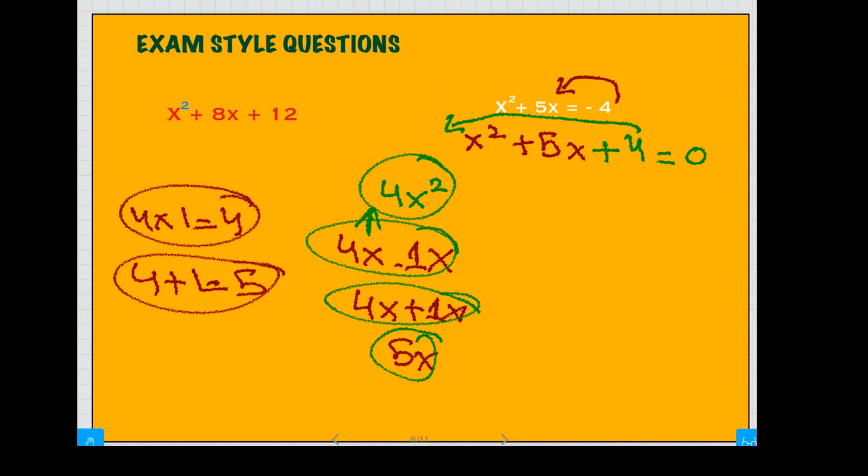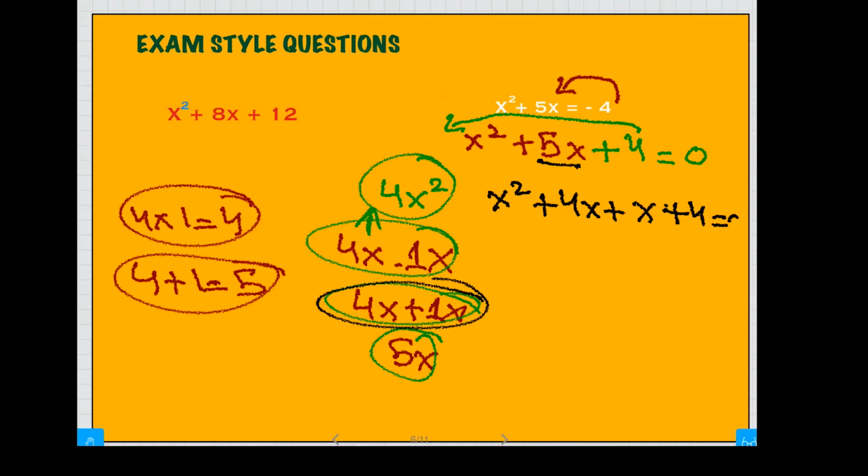Now what I'm going to do is replace 5x with these terms: 4x plus x plus 4 equals 0. After that, you need to factorize it. x plus 4 gives us the same term, which means we have factorized it correctly.